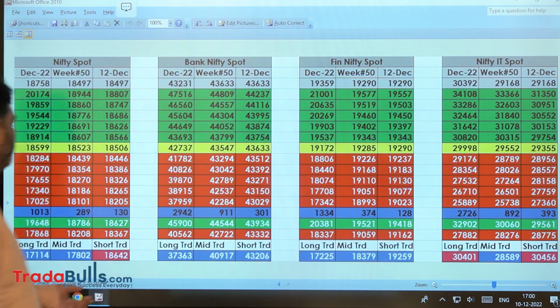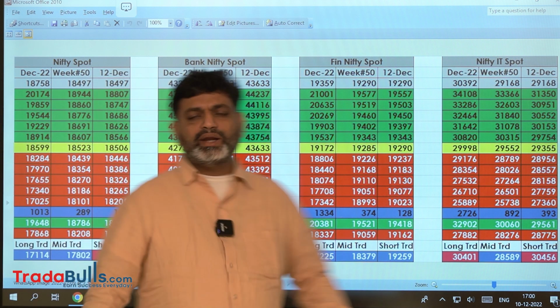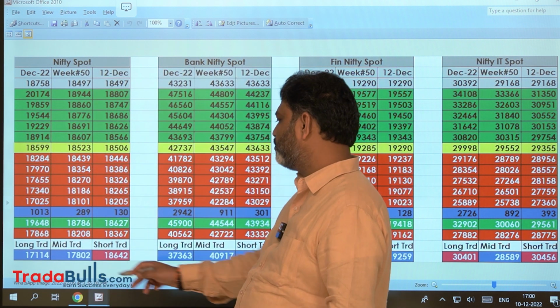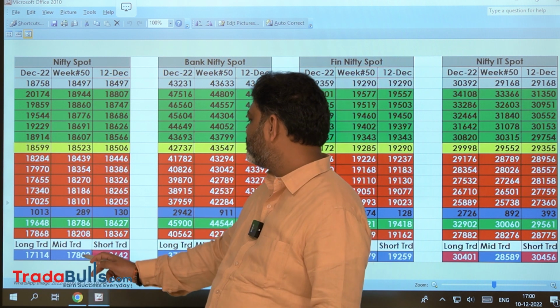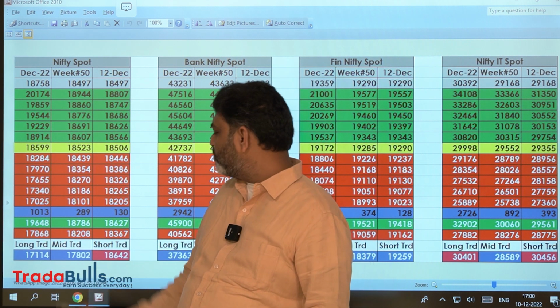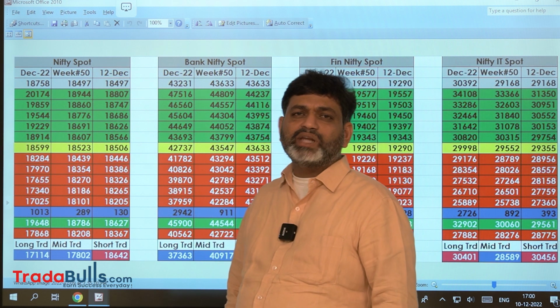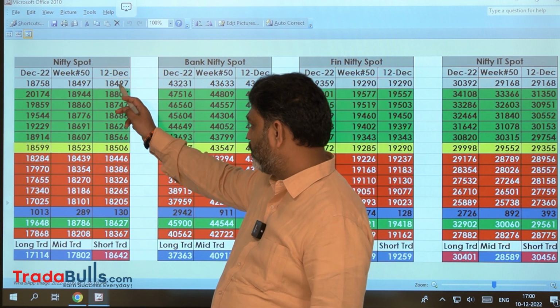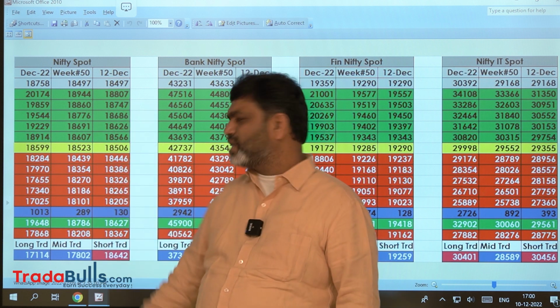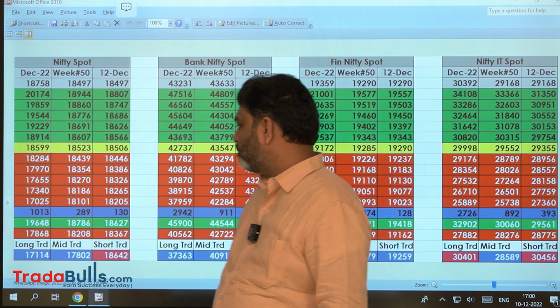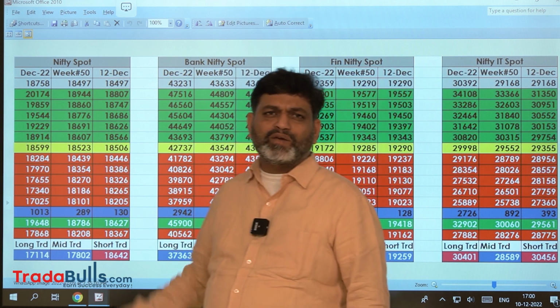In Nifty, the short-term trend is downward, whereas the mid and long-term trends are in upside. The next support for Nifty would be around 17,802, about 700 points from the current closing price, at the midterm trend support level.